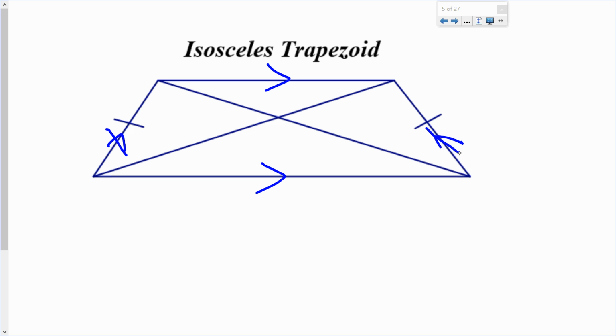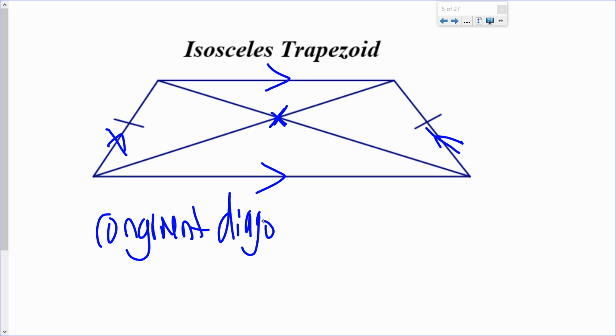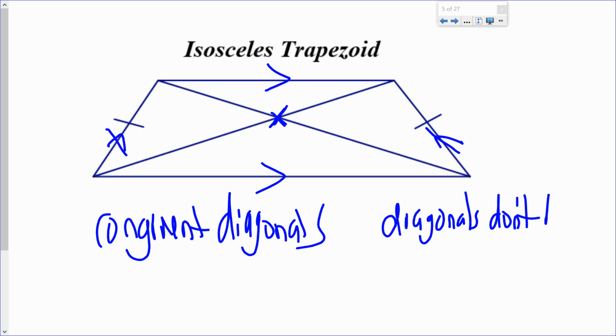So, what does an isosceles trapezoid have? It has congruent diagonals. It does not have diagonals that bisect each other. It's not a parallelogram, so diagonals don't bisect each other. You're going to see that comes up a lot.